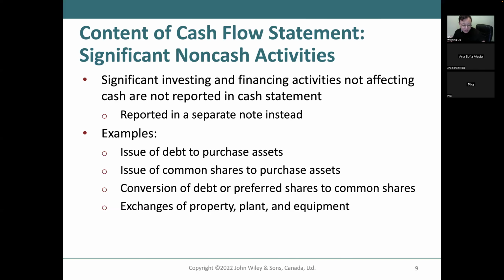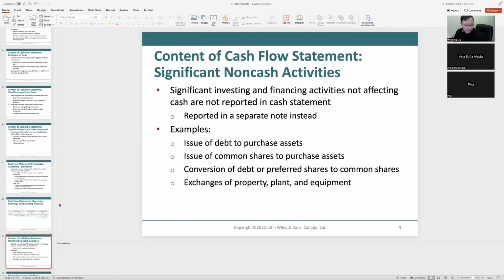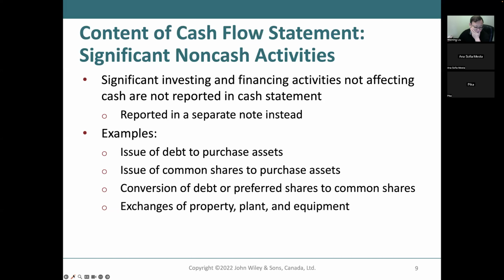I want you to tell me what the journal entry is for issuing debt to purchase an asset. Tell me what to debit and what to credit, which account to debit and which account to credit.